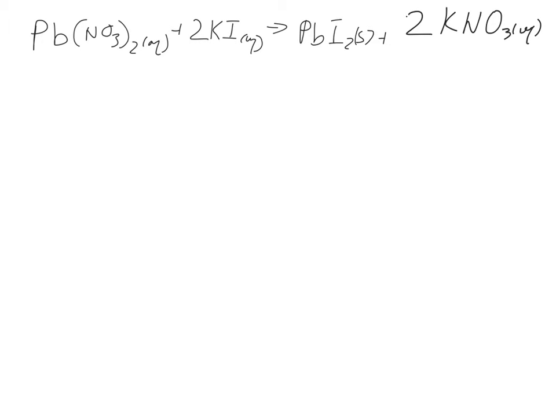We saw that a solid came out of the solution. Those little yellow granules were your lead(II) iodide, and it's referred to as your precipitate. Just like we call stuff that falls from the sky precipitation, we call things that fall from a solution a precipitate. Solid that comes out of a solution is referred to as a precipitate.